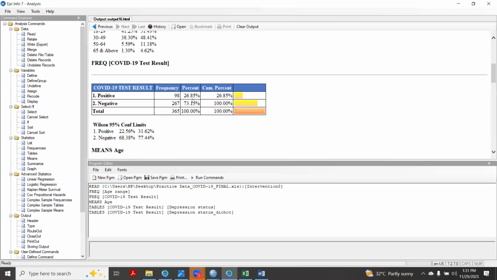That is the prevalence for COVID-19 test result amongst this population. So for a cross-sectional study, you take an exposed population. In that exposed population, you want to know how many of them tested positive. That's a cross-sectional study. So it's usually a prevalence study. All prevalence studies are cross-sectional studies.